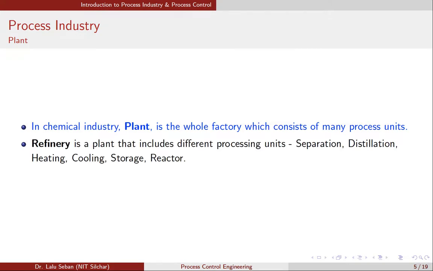For example, a refinery is a plant in that sense, which includes many processes like separation, distillation, fractional distillation, heating, cooling, storage, reactions, reactors. So a refinery is a very big factory setup, and in that there are multiple processes which we call processing units, having clear-cut functions.